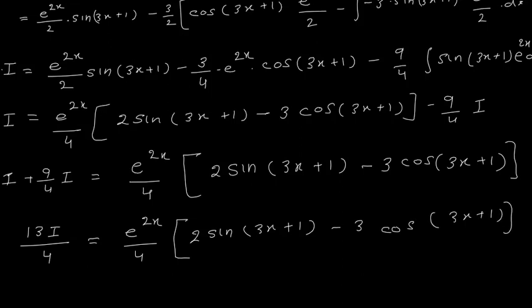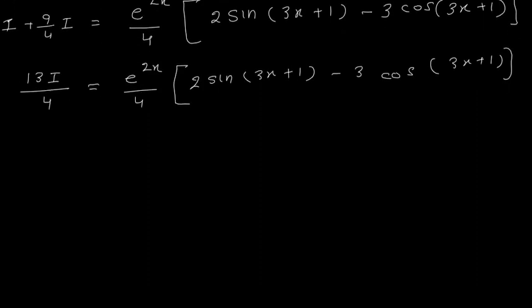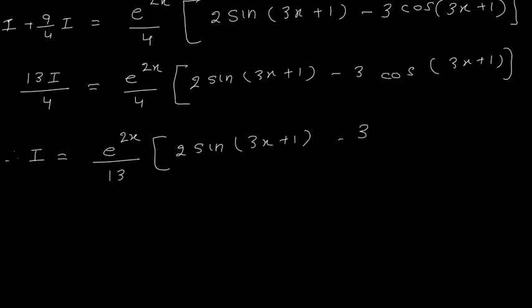So this 4 will cancel, and finally we have the value of I as e power 2x divided by 13, and here we have 2 times sine of 3x plus 1 minus 3 times cos of 3x plus 1, and then I will put plus constant of integration c, right?